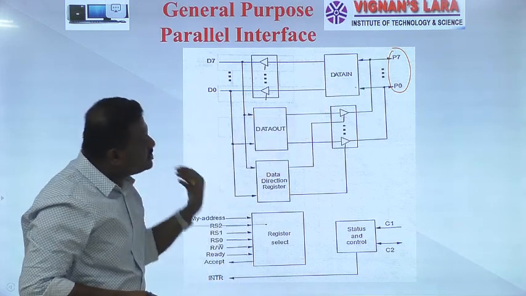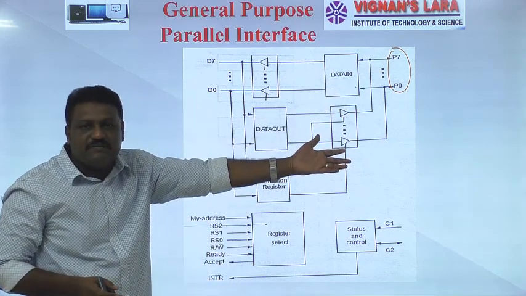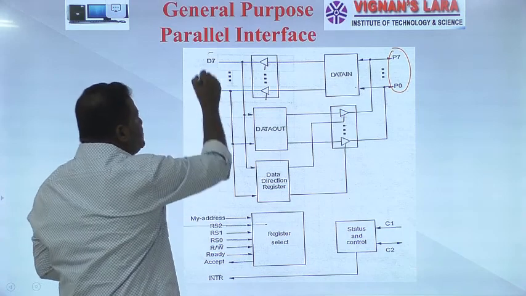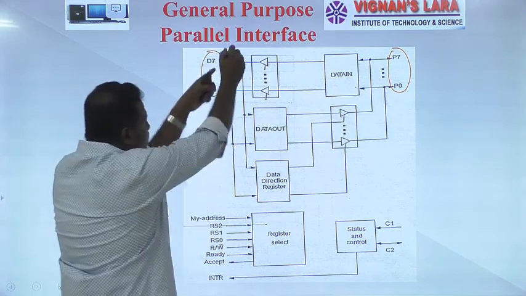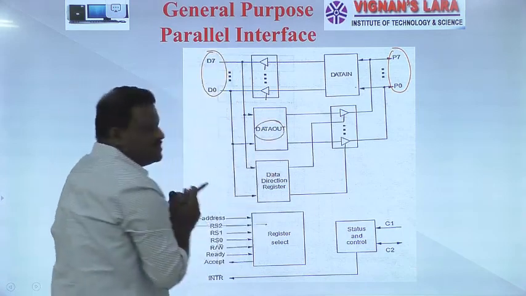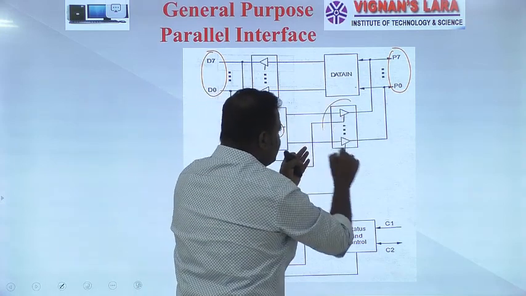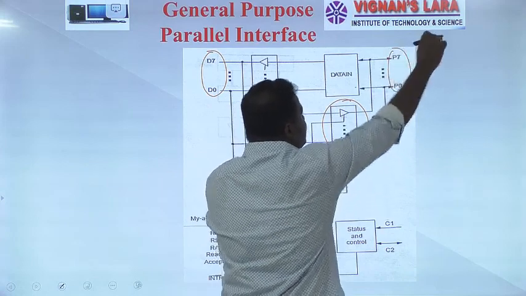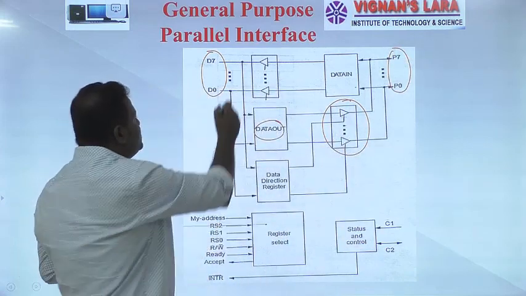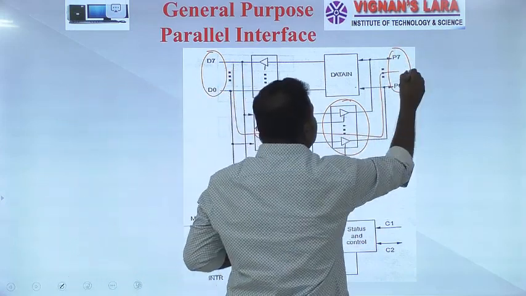So whenever my processor wants to transfer something to an output device, in that case it places data over these lines. Now the data is given to the input of this data out register. Later the data is transferred to this driver circuit. From that it is transferred to an output device. This is the way the data is transferred.